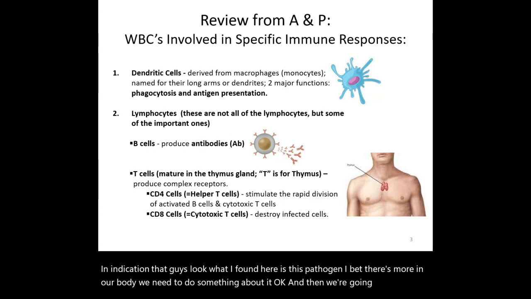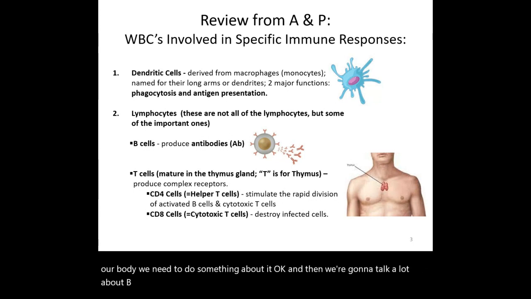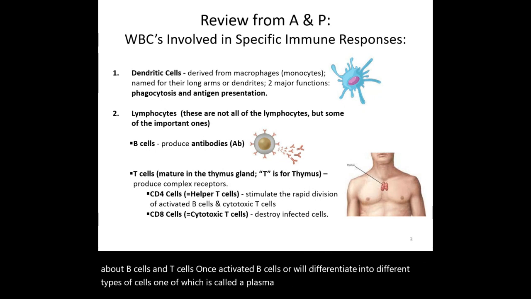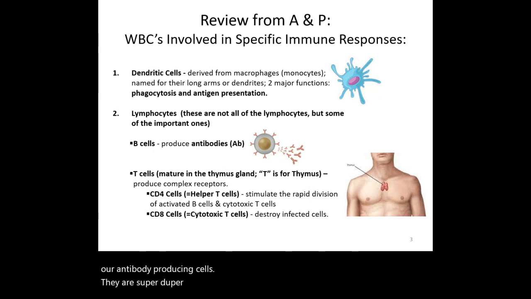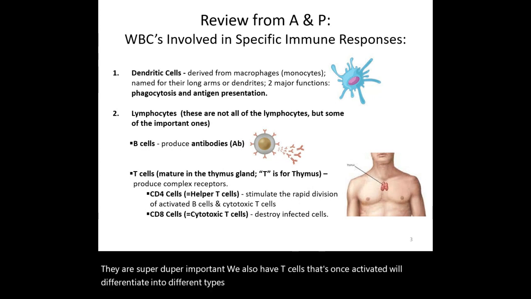We're going to talk a lot about B cells and T cells. Once activated, B cells will differentiate into different types of cells, one of which is called a plasma cell. And plasma cells are going to be our antibody producing cells. So they are super duper important. We also have T cells that, once activated, will differentiate into different types of T cells.